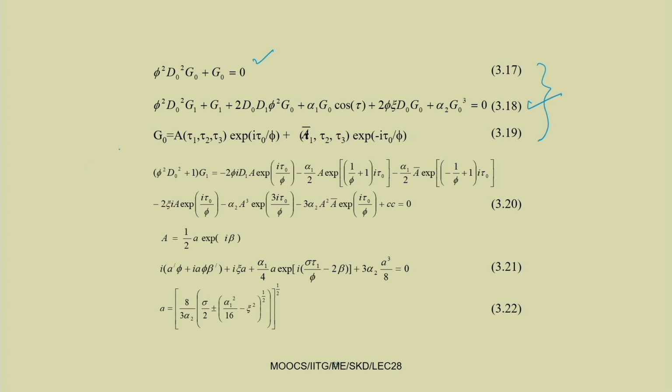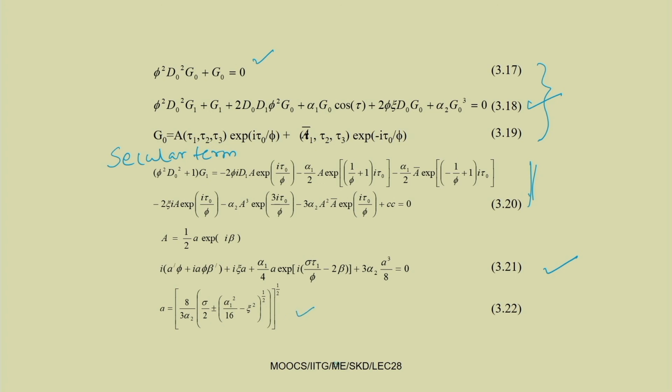So, eliminating the secular term, we can get this equation, and in this equation, substituting A in the form of a complex number, it can be written in its polar form, that is half A e to the power i beta. Substituting that there, we can get this equation. From this equation, you can find this expression for A.